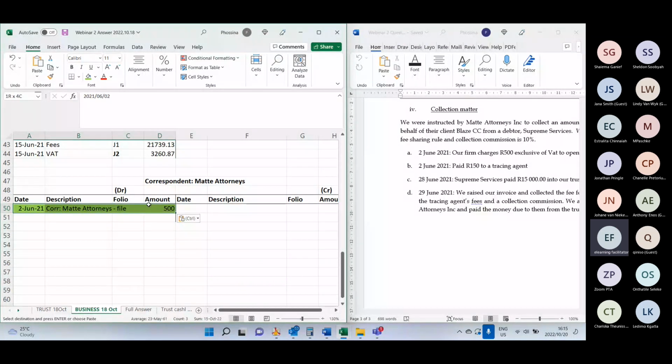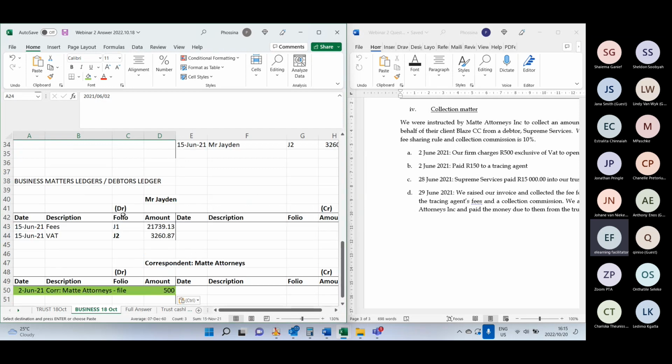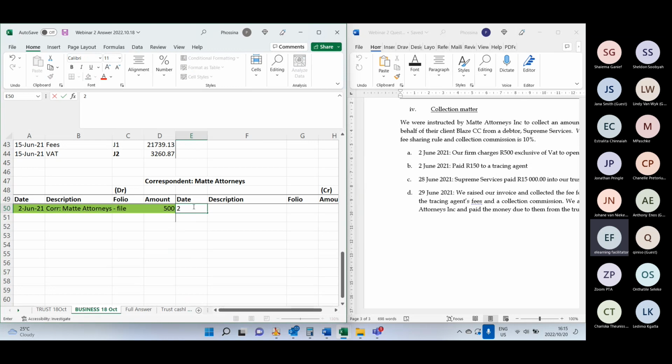But like what I've said, we have also debited our fee account to reduce it because we are not going to receive everything from our debtors, which means we also show that we are not going to receive everything. So it's from the fee account, and it's file opening, and it's a third to reduce for the correspondent.